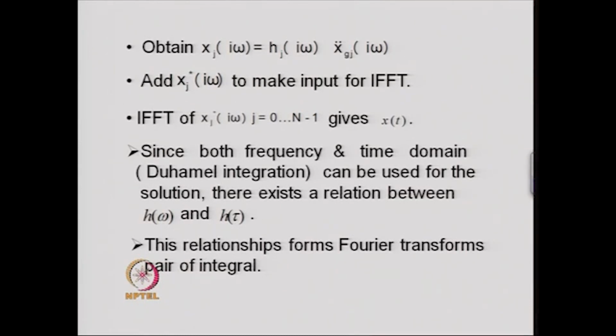Then obtain Xj(i omega), which is equal to Hj(i omega) multiplied by x double dot g j(i omega), the frequency contents of the ground motion. Then add appropriately the complex conjugates as I explained before, put it as an input to IFFT, and the IFFT would give the values of the response in time.